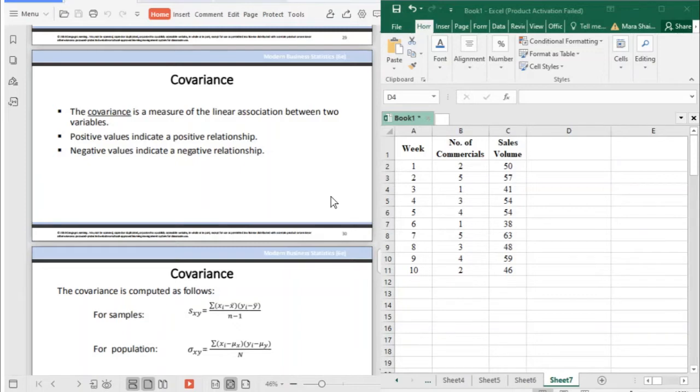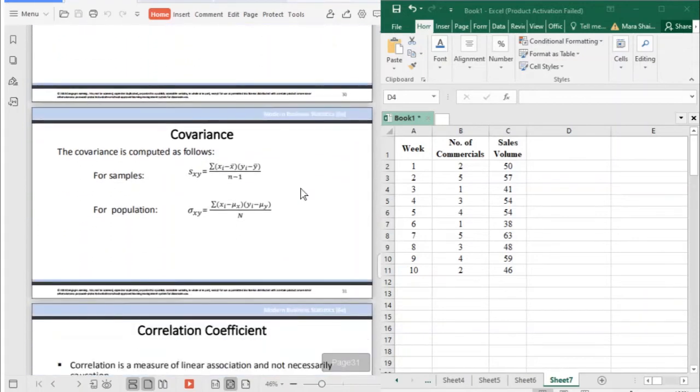Covariance is a measure of the linear association between two variables. Positive values indicate a positive relationship, while negative values indicate a negative relationship. So, how do you get the covariance?